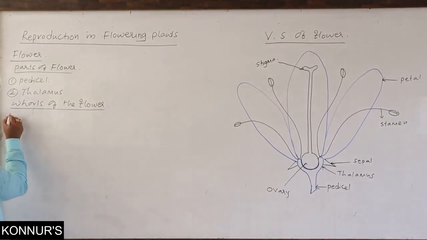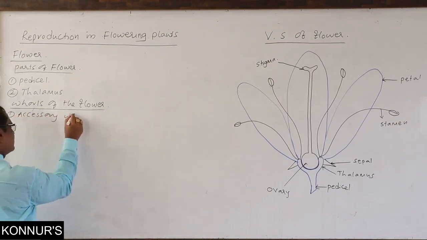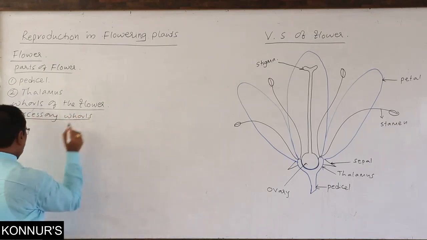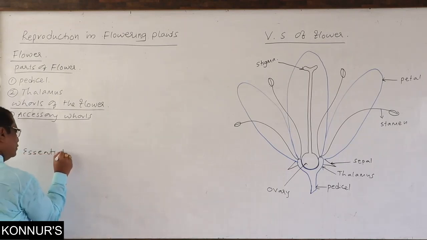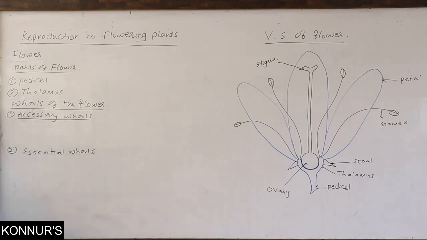Two of them are accessory whorls, and two of them are essential whorls. Accessory whorls: A, calyx.